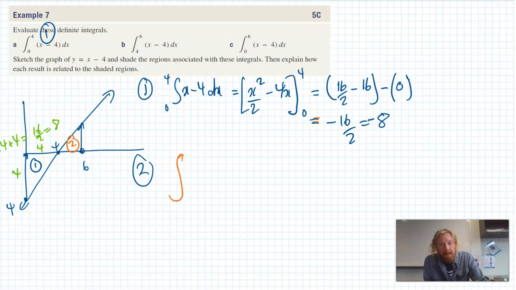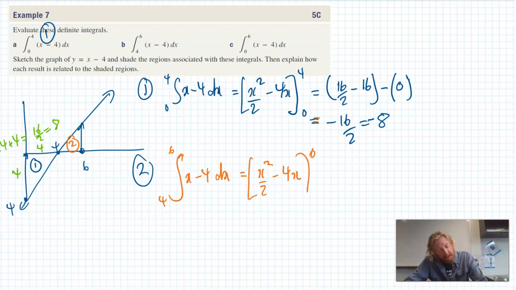The integral from 6 to 4 of x minus 4 dx equals x squared on 2. I'm repeating myself here. We could have just gone from the line straight above, from 4 to 6.